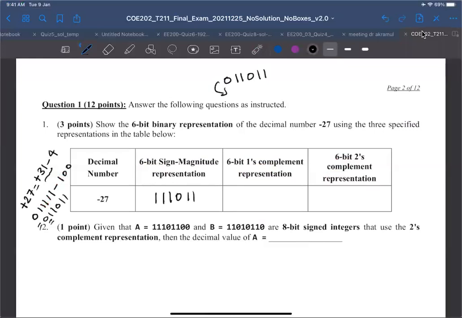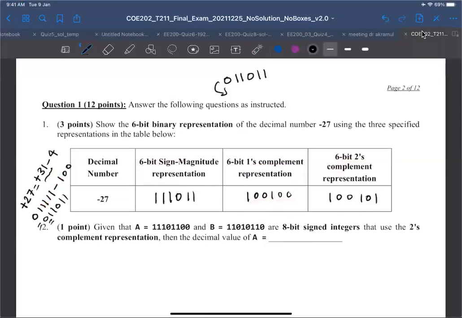So the 1's complement solution is 1 0 0 1 0 0. And 2's complement is 1's complement plus 1, so we just add 1 to this number. It's 1 0 0 1 0 1.